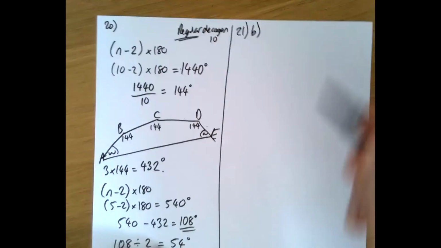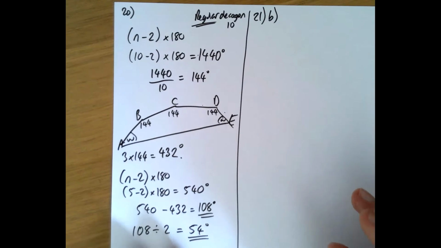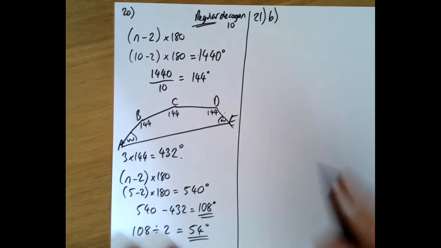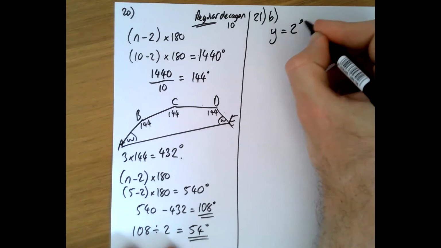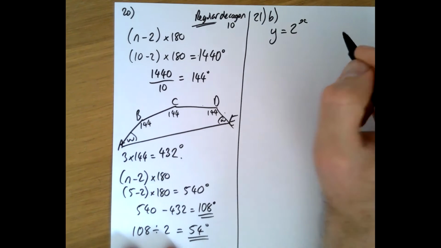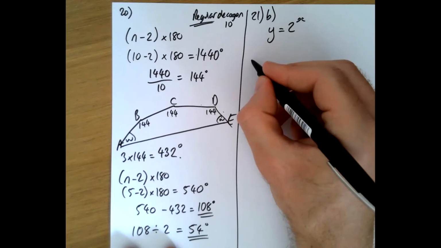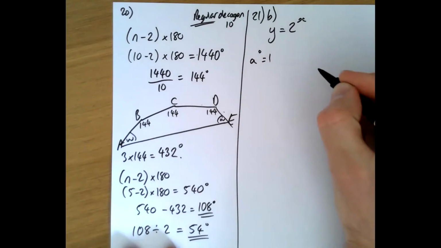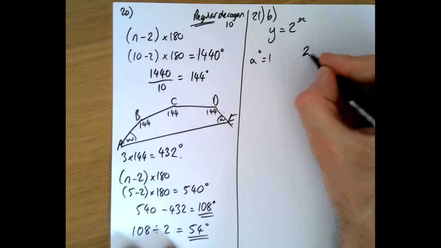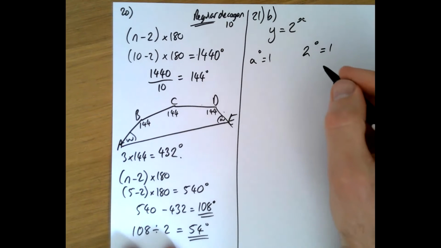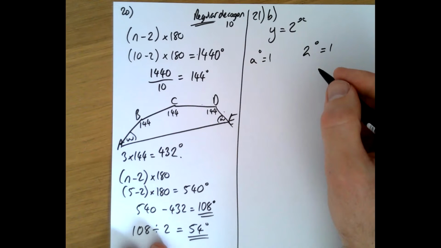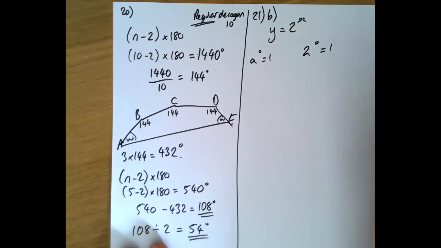We have an exponential graph. Here is his graph. Make one criticism for 1 mark. So we've got y equals 2 to the power of x. Now, in previous videos, I've said that anything to the power of 0 is 1. So 2 to the power of 0 must be 1. So when x is 0, is it 1? Yes. 2 to the power of 1 is 2.